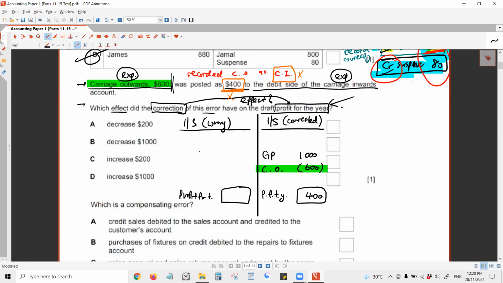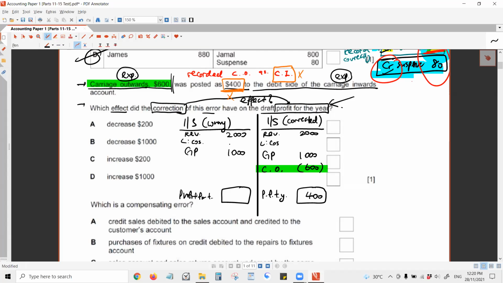So I have to keep the gross profit constant here. Let's say the revenue is 2,000, and keep this constant, less cost of sales.